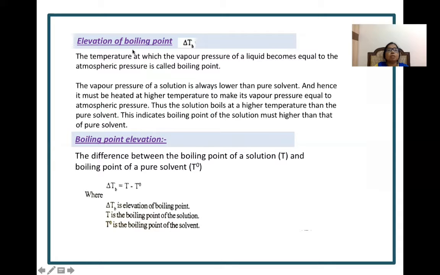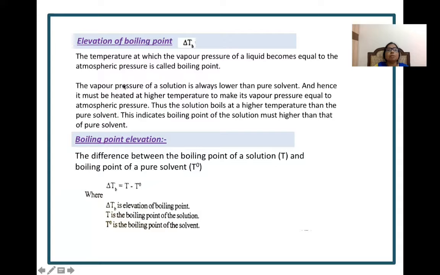The temperature at which the vapor pressure of a liquid becomes equal to the atmospheric pressure is called boiling point.